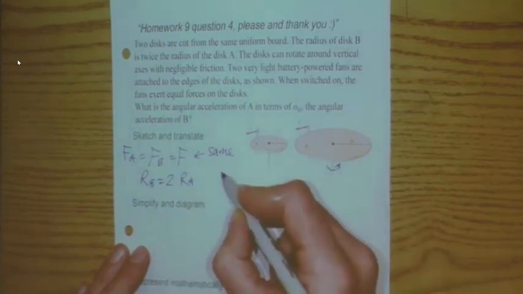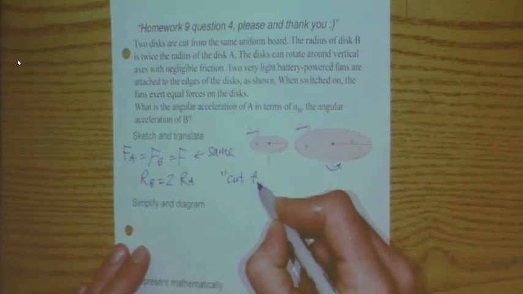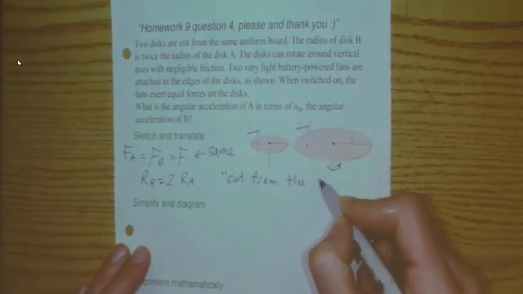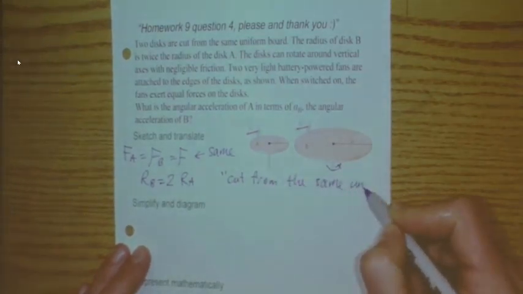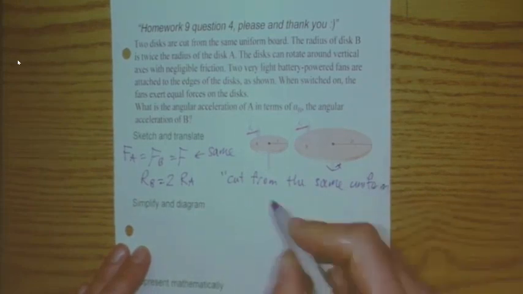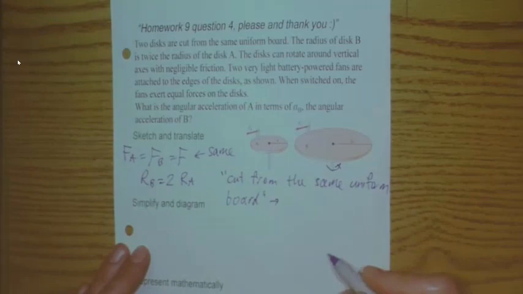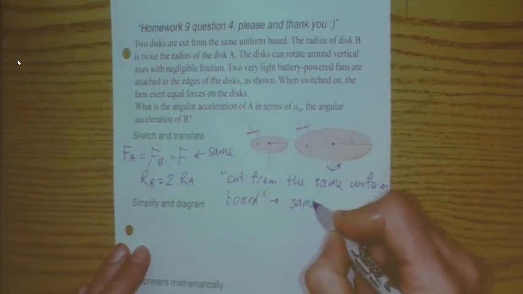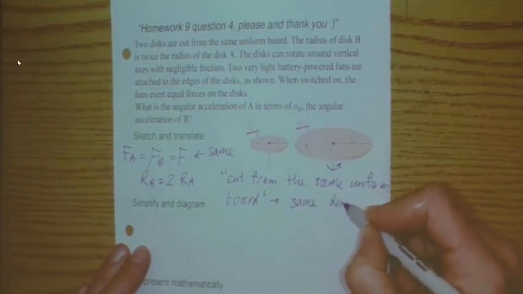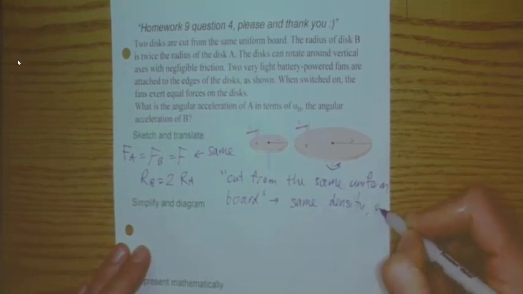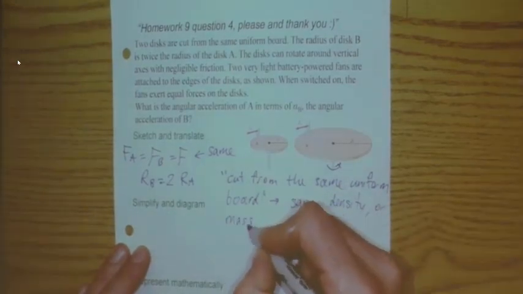And also, they are cut from the same uniform board. It says that in the question, and I think what that means is that they must have the same density, or mass per area, perhaps.